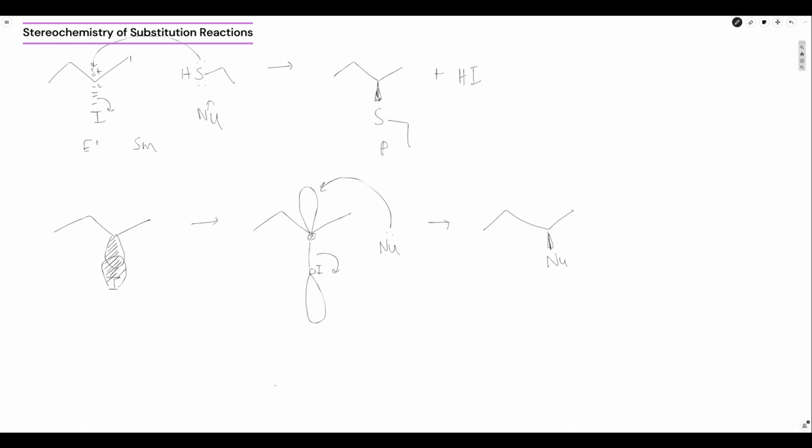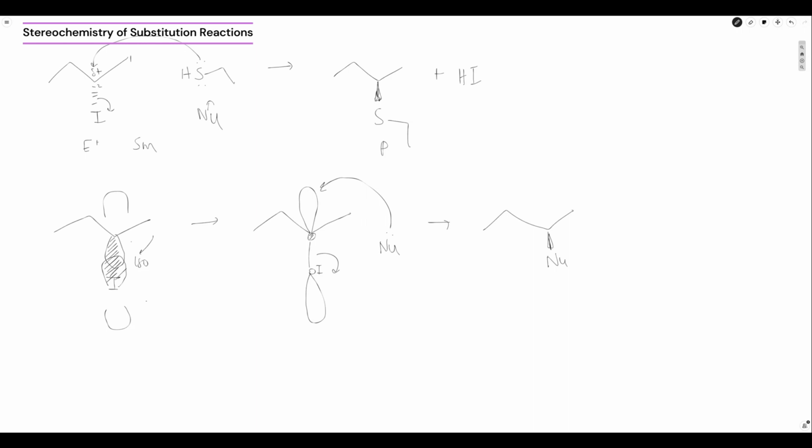And the thing to remember is that the anti-bonding orbital is always 180 degrees opposite the leaving group because it's 180 degrees opposite the bonding orbital. So the bonding orbital is here in between the two atoms, and the anti-bonding orbital is opposite the two atoms. It's over here. And so therefore the anti-bonding orbital is always going to be on the other side of the bond with the leaving group. And that's the reason the nucleophile always attacks from the back.